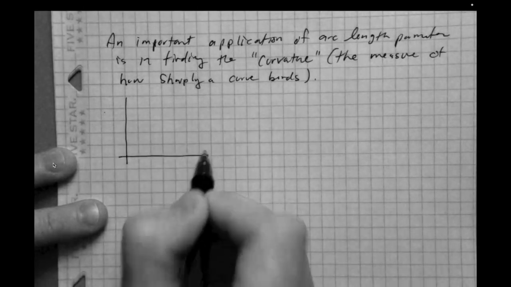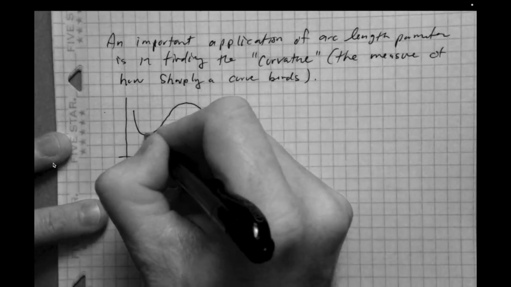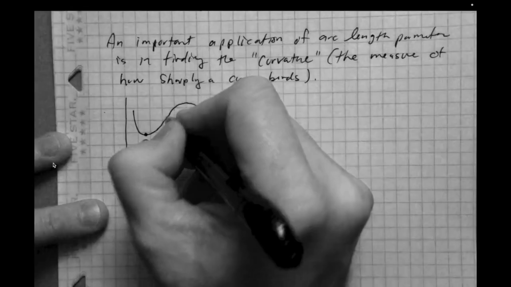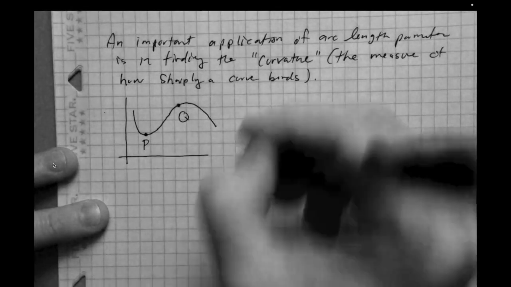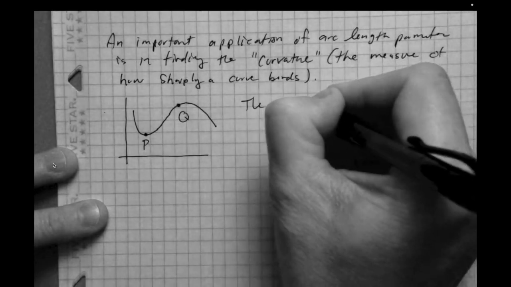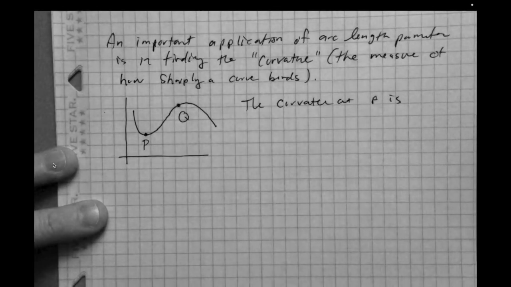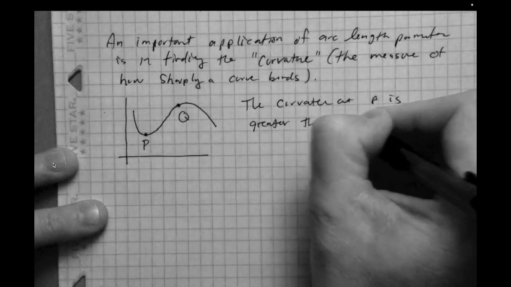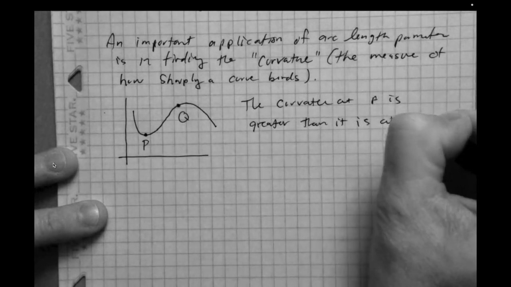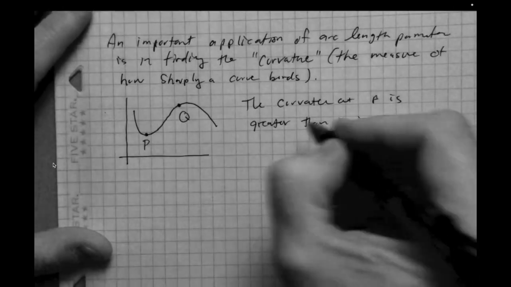We'll get into something more rigorous in a second, but intuitively, if I have some curve in space like this, and a point P here and another point up here, Q, the curvature at P is greater than it is at Q, specifically because the curve bends more sharply at P.